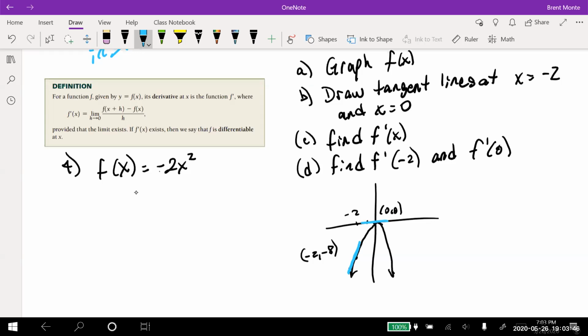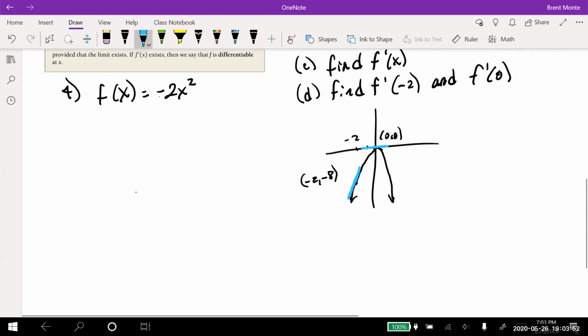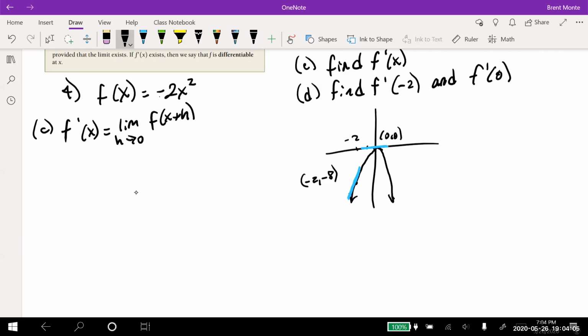Okay, now find the derivative. So now we're at part C. Let's find the derivative. So part C, f prime of x is the limit as h goes to 0, f of x plus h minus f of x all over h. All right, we're going to do this. So I've got the limit as h goes to 0.